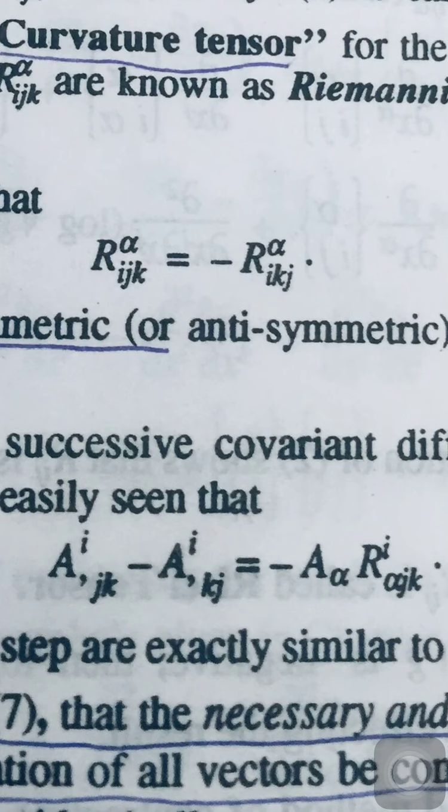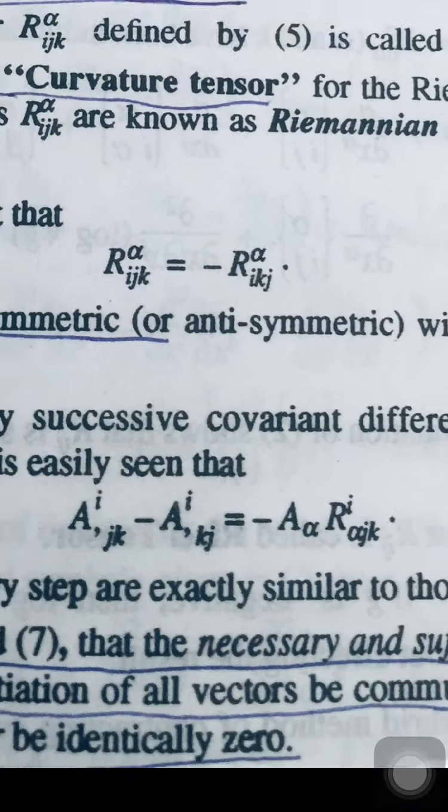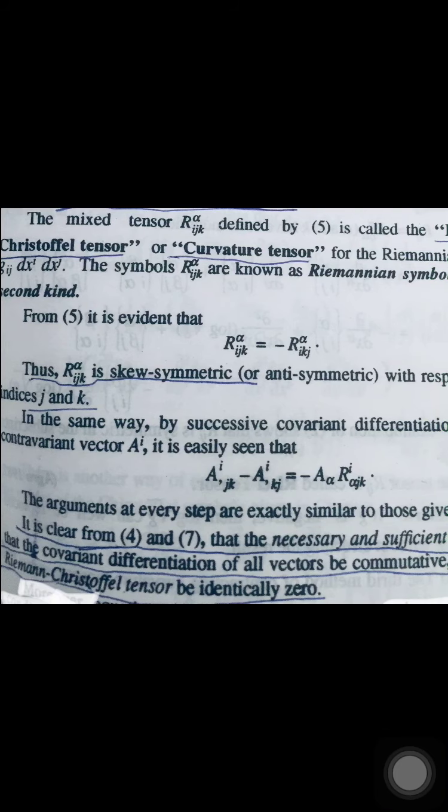When j and k are interchanged, we get a minus sign. So we can say that R^alpha_{ijk} is skew symmetric with respect to the indices j and k. It is a skew symmetric tensor.